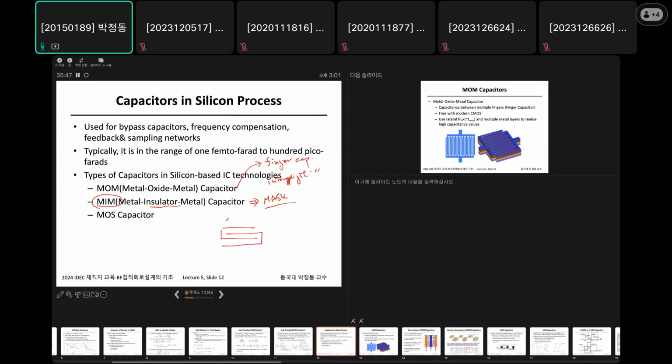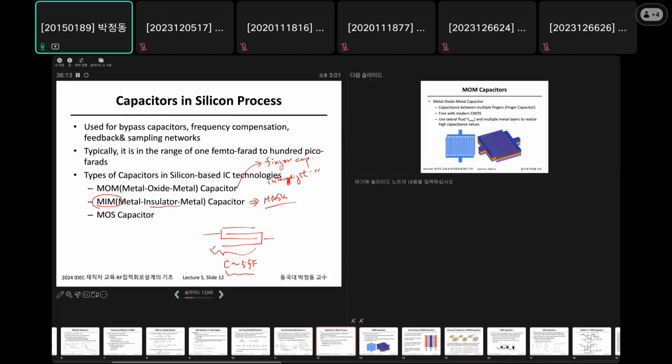If we want a capacitor value of 5 femtofarad, the typical process doesn't provide such a small capacitor, so we have to make it this way. This is also a sort of MOM capacitor.